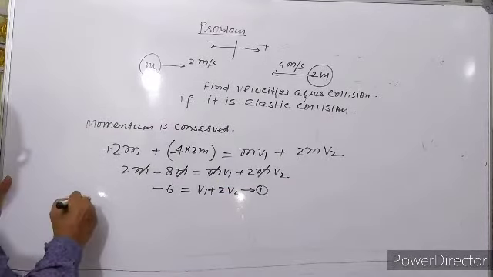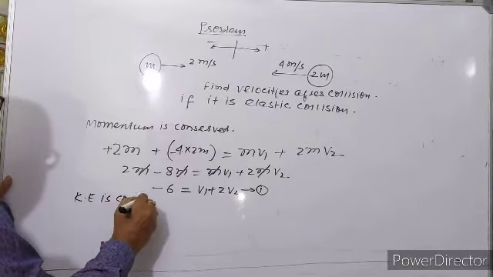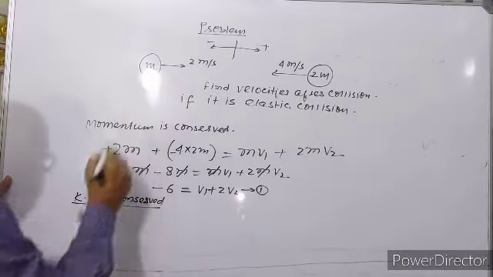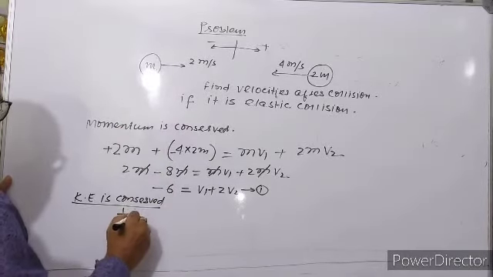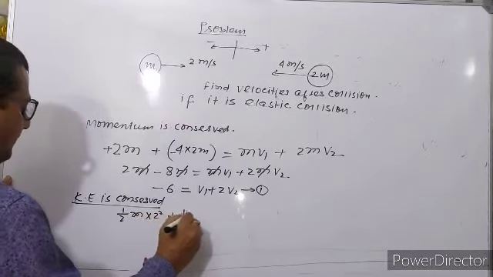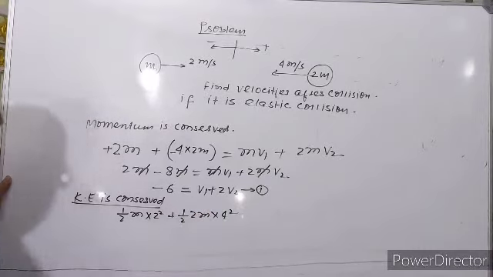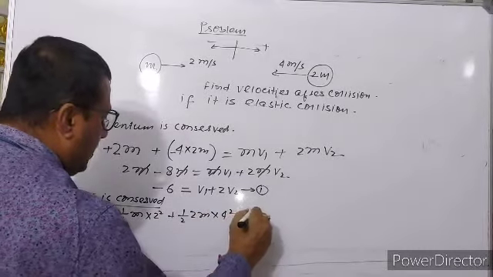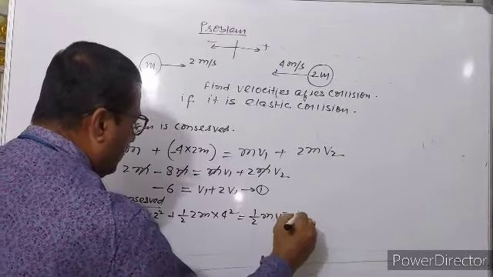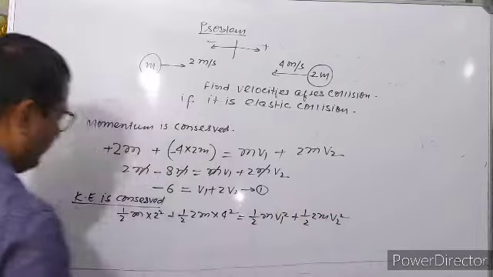Similarly, kinetic energy is conserved. So kinetic energy: half m 2 square plus half 2m 4 square is equal to half m v1 square plus half 2m v2 square.